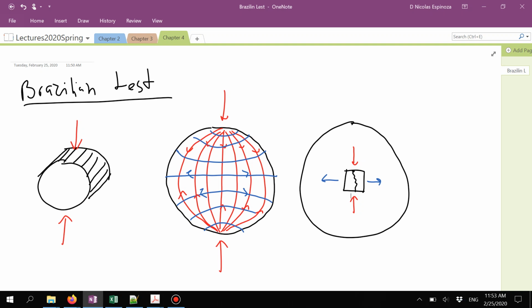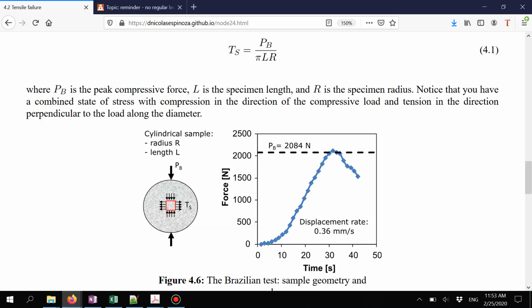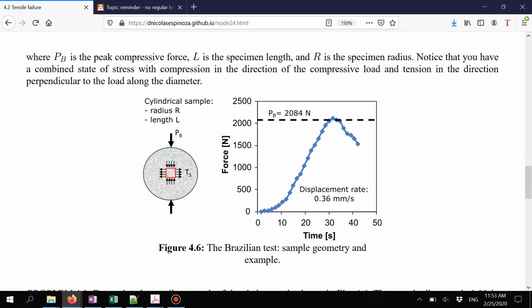All right, so this is the schematic, and you're going to do this in the laboratory. Remember to measure the length of the rock and the diameter or radius of the rock, and apply a constant displacement rate.